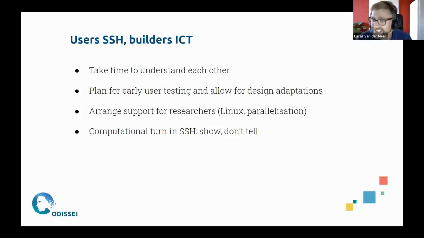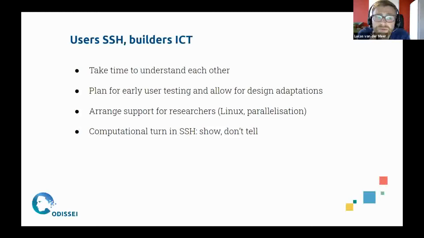This may sound like an open door, but we learned that it takes time for the people to understand each other. You need to reserve that time. And if you invest that time, your results are much better than if you didn't. We also learned that it's important to plan for early user testing.